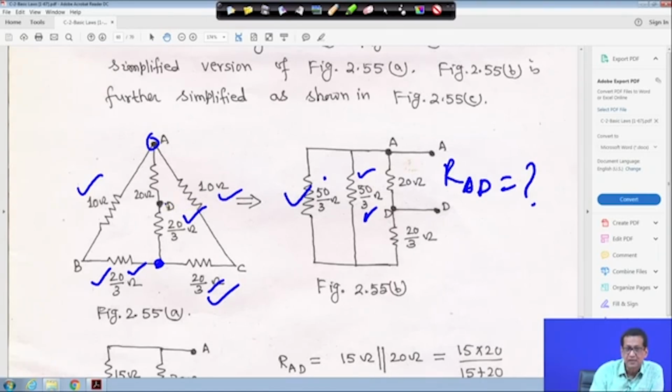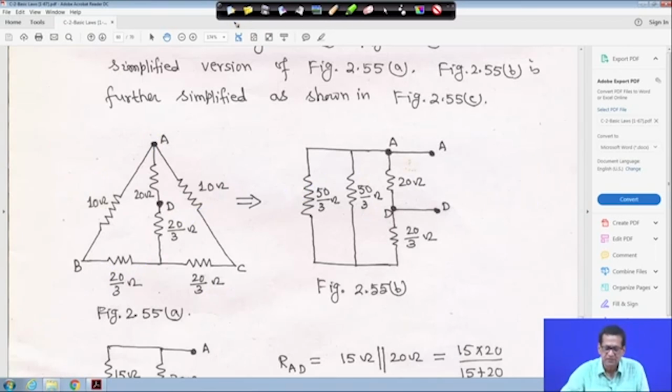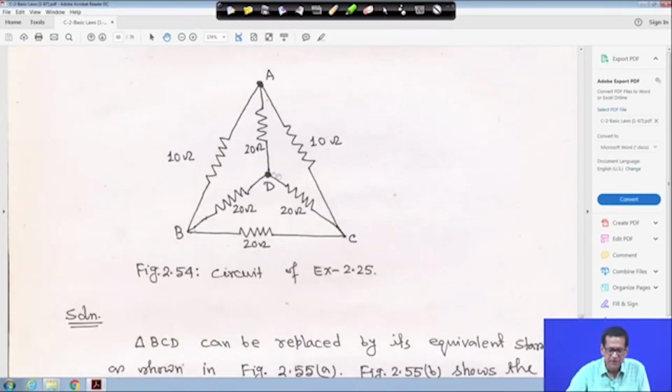And then you have to find out the resistance RAD. So, it cannot be in series here. Just hold on, I am cleaning it. If you do not try to find out resistance here, if it is asked for RAD, that is why when you convert it to star, like this.